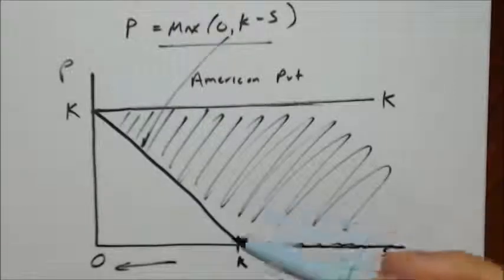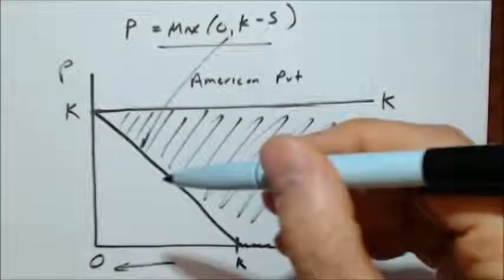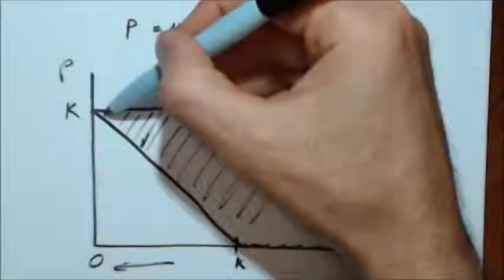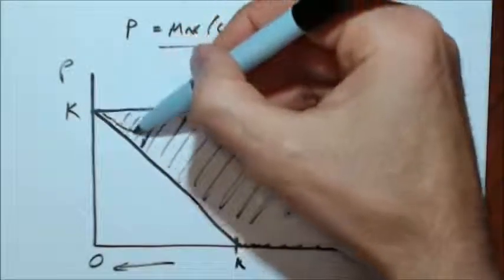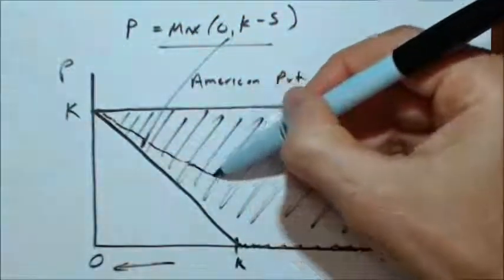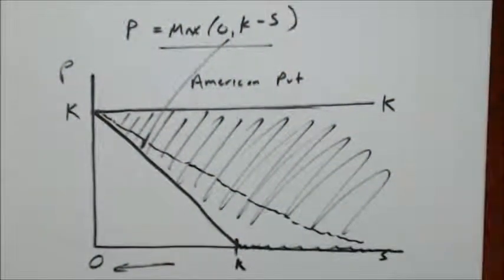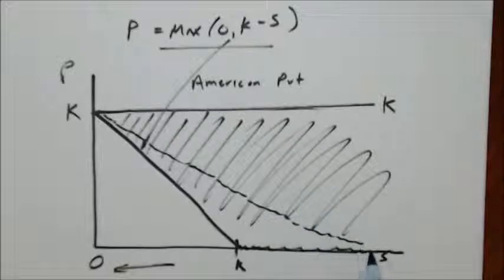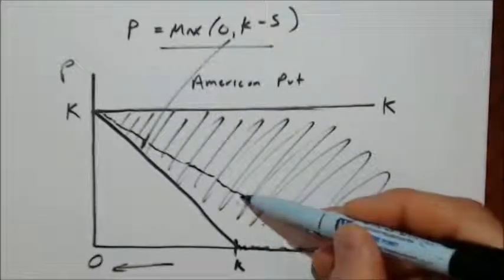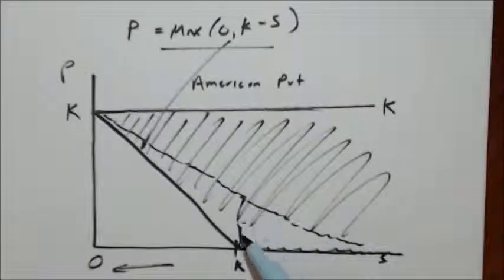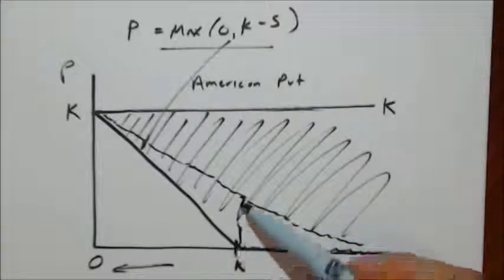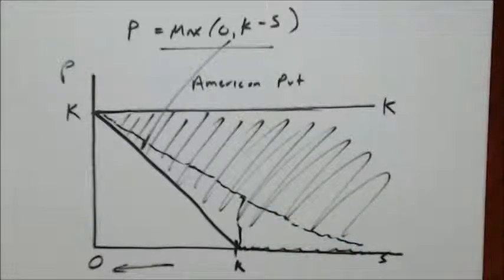Keep in mind that for American puts, and for any put, the actual put at any time other than expiration will look something like this, and you'll see this maximum ballpark around K, for this being the insurance and time value, which we'll get to shortly in our analysis.